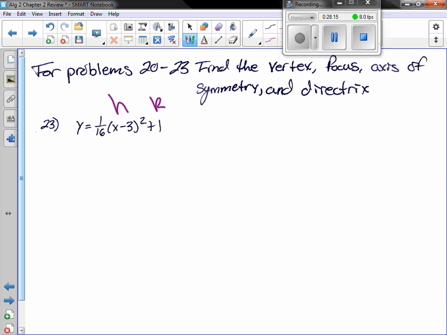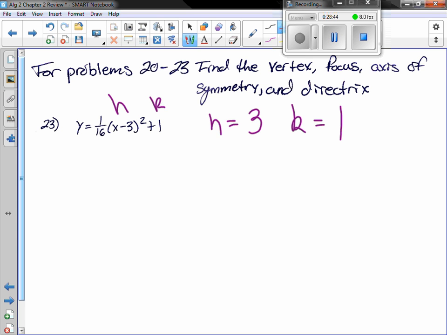So looking at 23, the value of h here is 3. The value of k is 1. H is inside, k is outside. And since the value inside was negative, it comes out as positive.